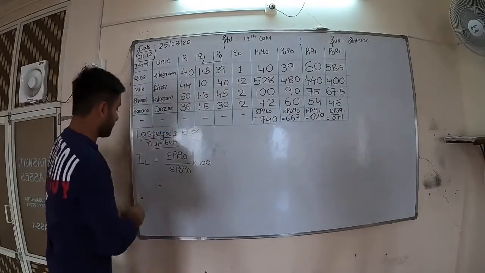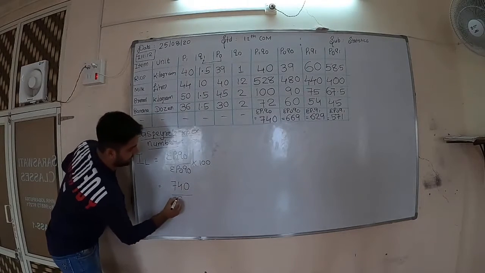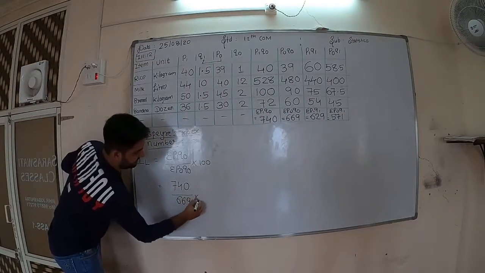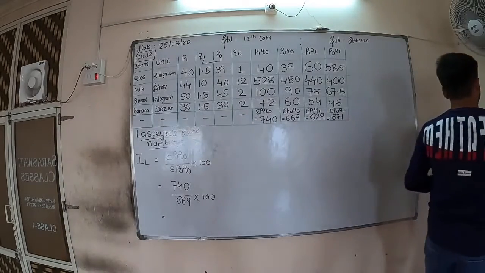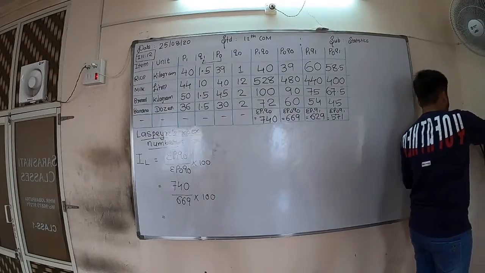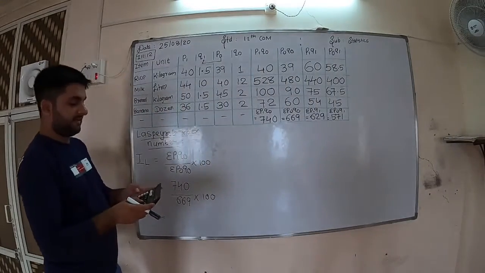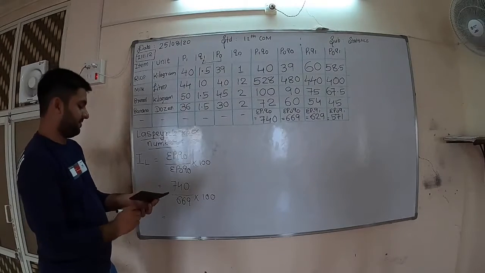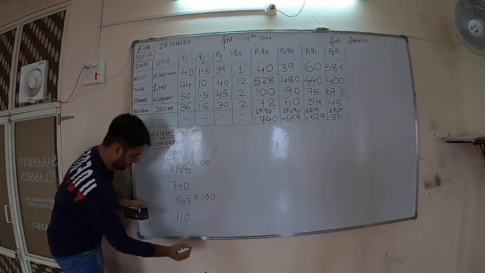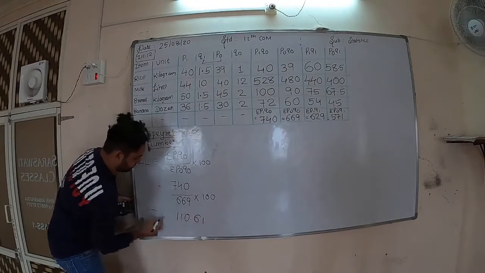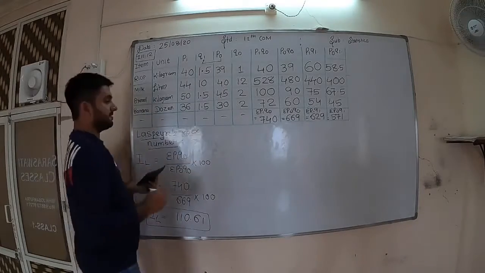Okay, 740 divided by 669 multiply 100. So 110.612. So 110.61 is IL. Yes. Next.